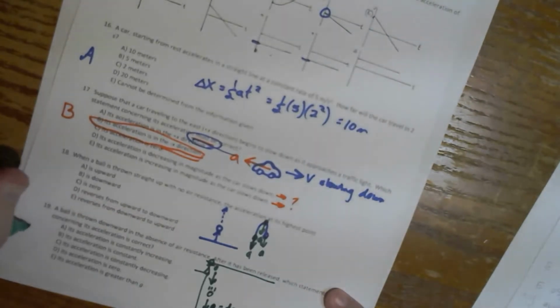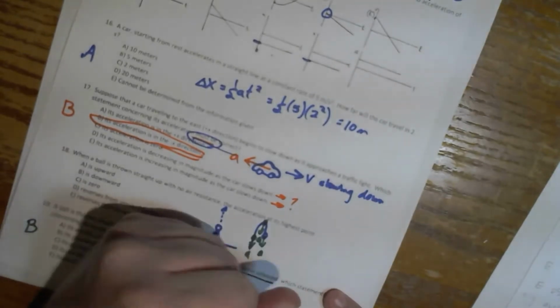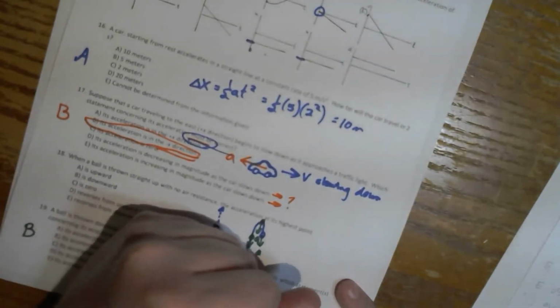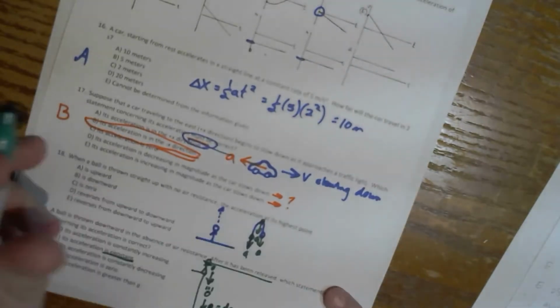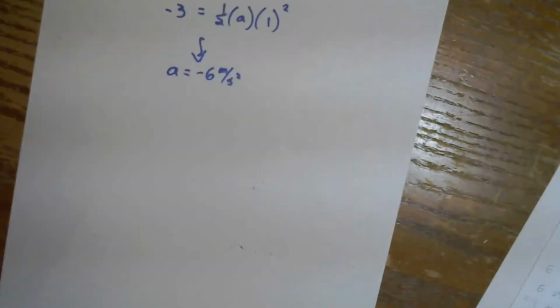And so number 19 is B. It's constant, not necessarily down, but the acceleration is constant because of gravity. Gravity doesn't change. Acceleration doesn't change. All right. Number 19 was done.